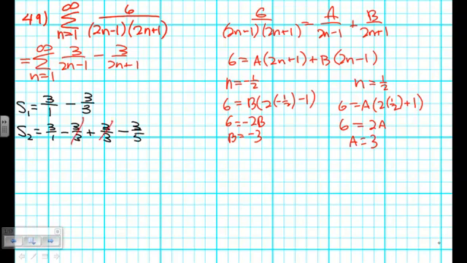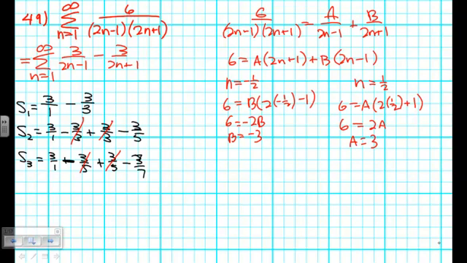Those two are going to cancel out. Let's look at the third partial sum. 3 over 1 minus 3 over 5, and now let's add the third term in there. It ends up being plus 3/5 minus 3/7. Oh, look at that. Those middle terms cancel out again.